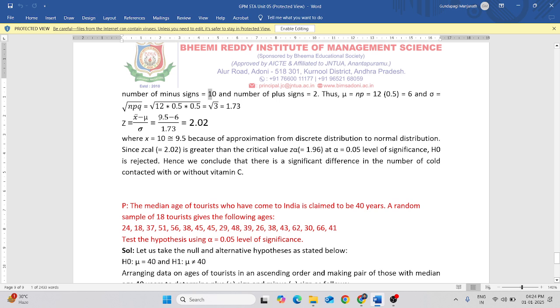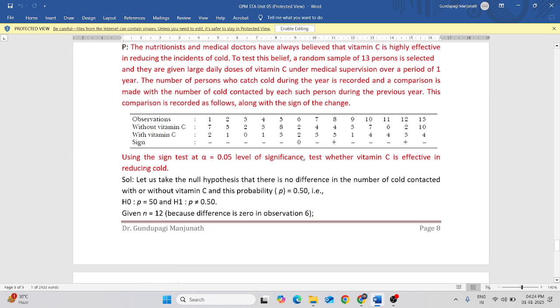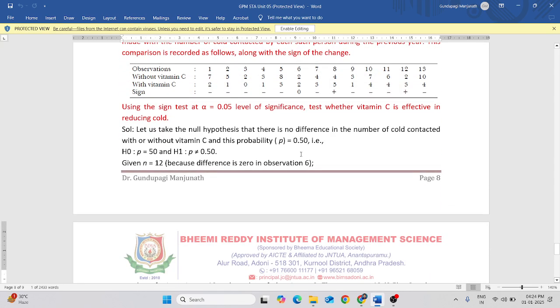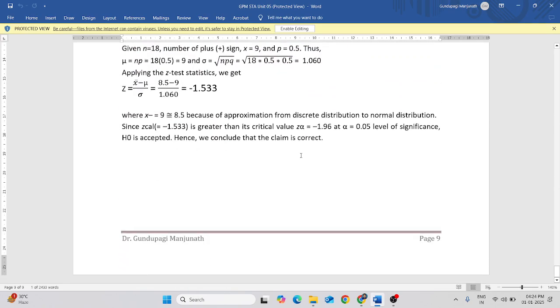That's why x is considered as 9.5, and we have not taken 10. The calculated value 2.02 is greater than the critical value, and hence H naught is rejected, because the decision criterion is the same as we considered in the chi-square test. The same decision rule will be applied to the sign test also.